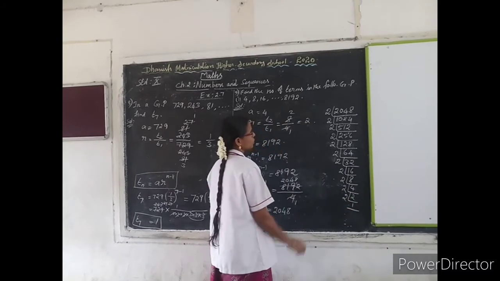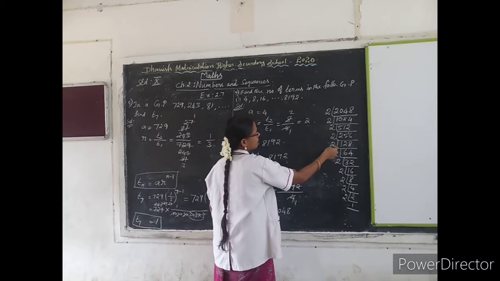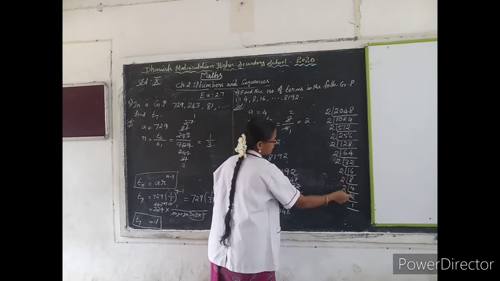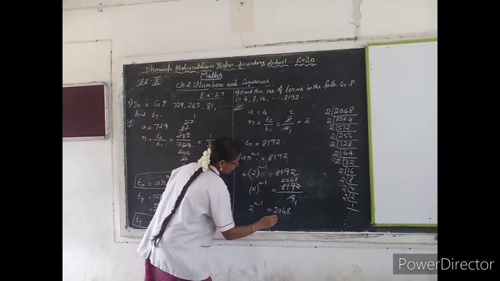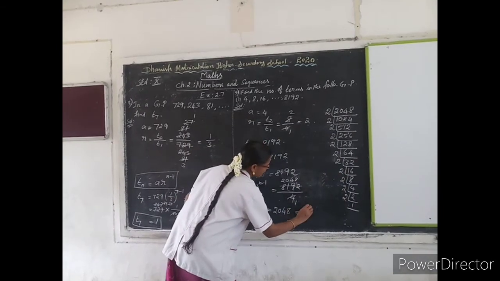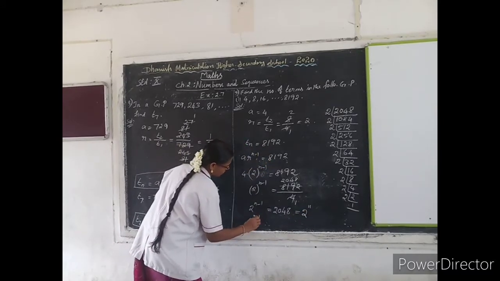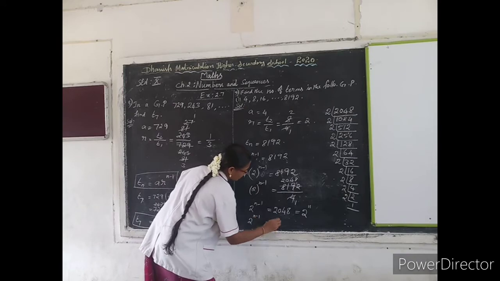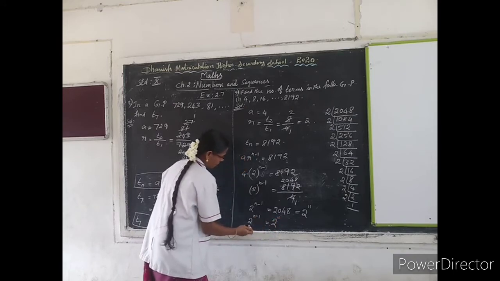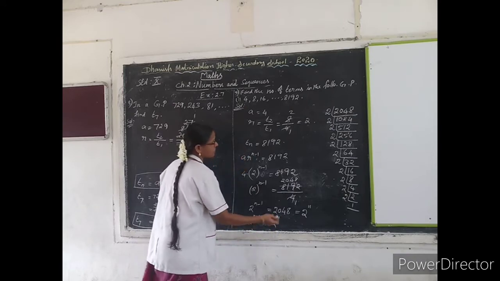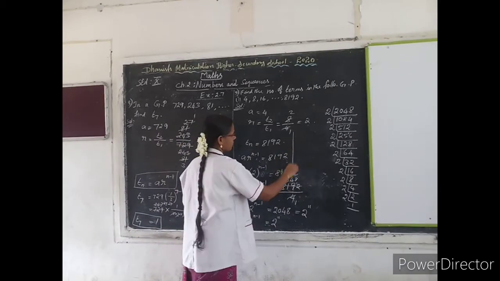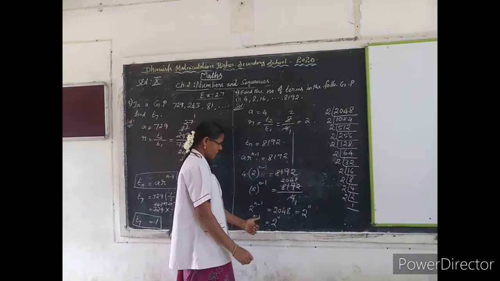So here how many 2s? 1 2 3 4 5 6 7 8 9 10 11. So this number can be written as 2 power 11. It is 2 power n minus 1 is equal to 2 power 11. Now bases are equal, therefore powers are equal.